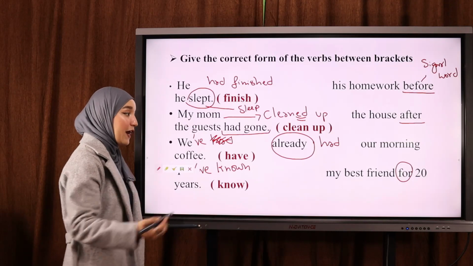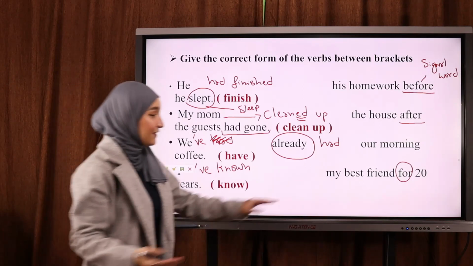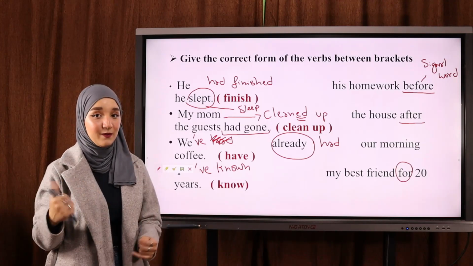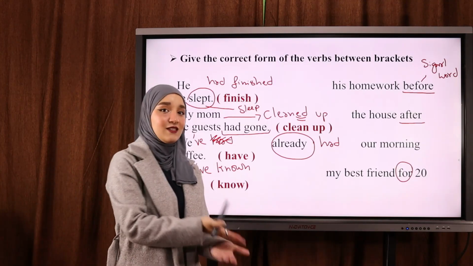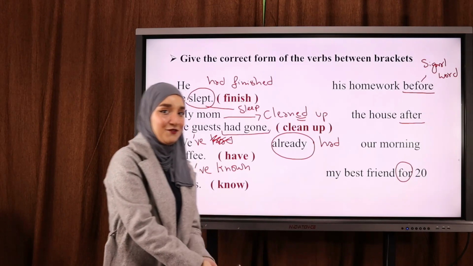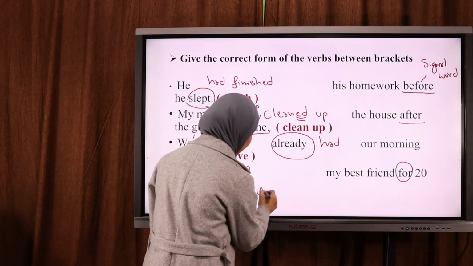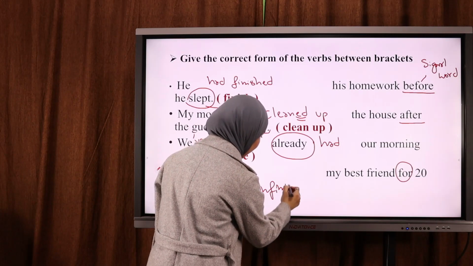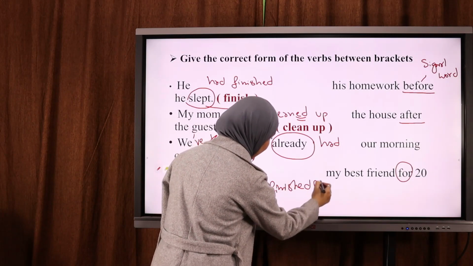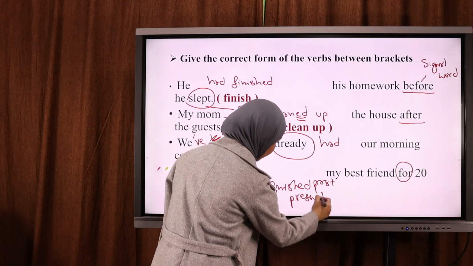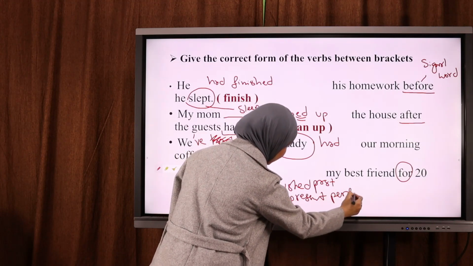I'm using the present perfect. الحاضر التام. Why? It's unfinished past. This action happened in the past. جرت هذه الحادثة في الماضي. But I still know my best friend. أنا لا زلت أعرف صديقتي. Okay? ولا زلنا أصدقاء. So it's unfinished past. Okay, so we use the present perfect.